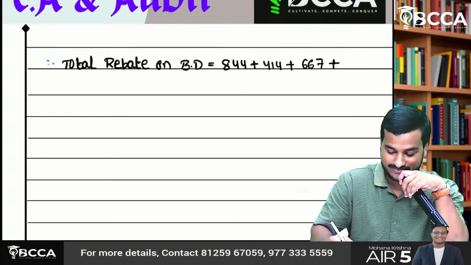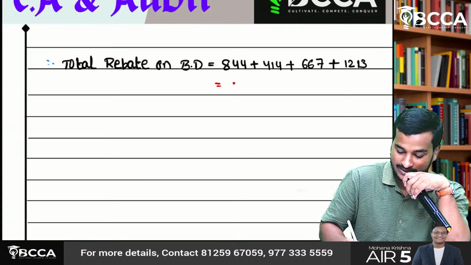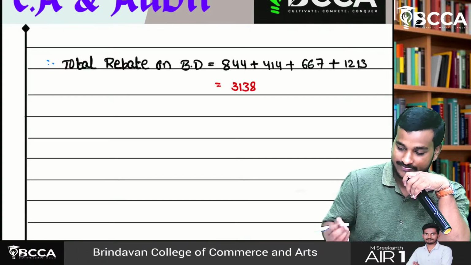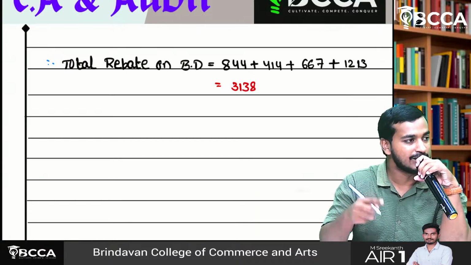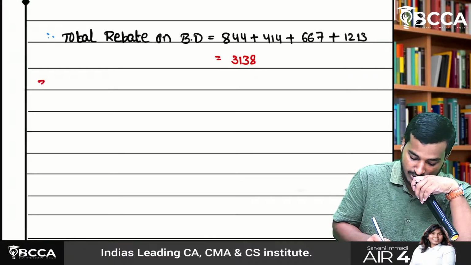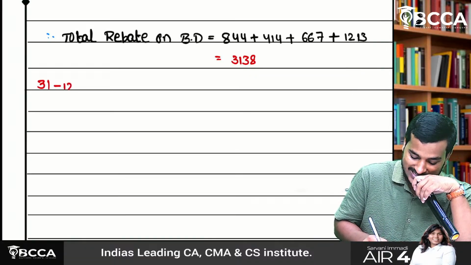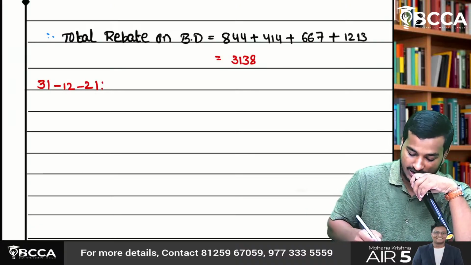Last one, 1213. Total 3138. This is the total rebate on bill discount. So you know, we have to record entry for it. What is the balance sheet date? 21, right? What is the entry for rebate on bill discount now?